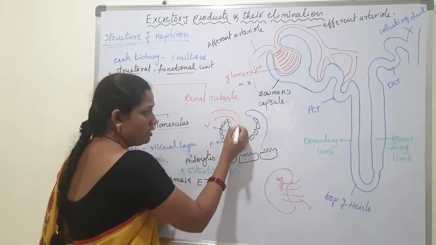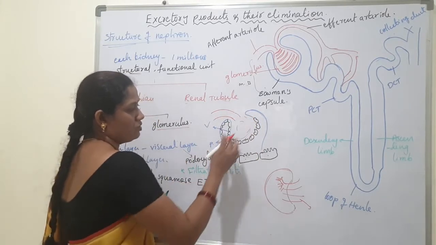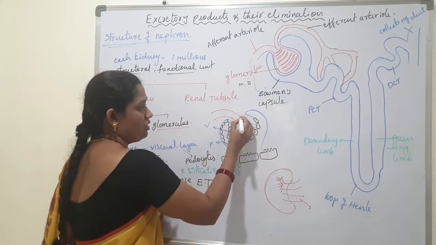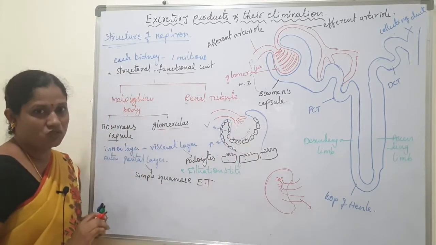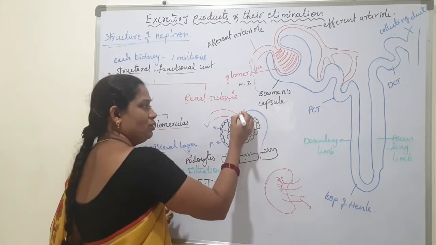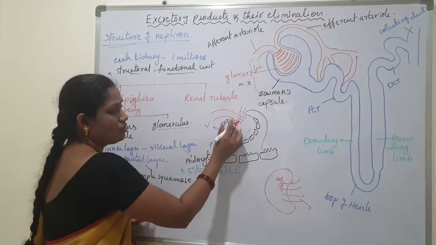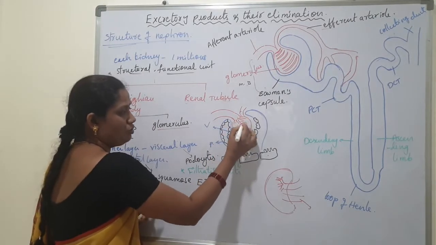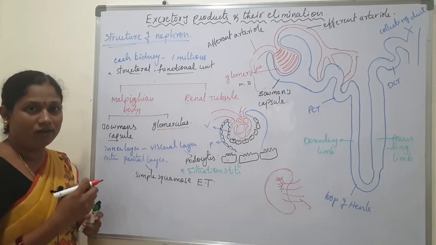Whenever the afferent arteriole enters the Bowman's capsule, this cup-like structure, it divides into many small branches called capillaries.